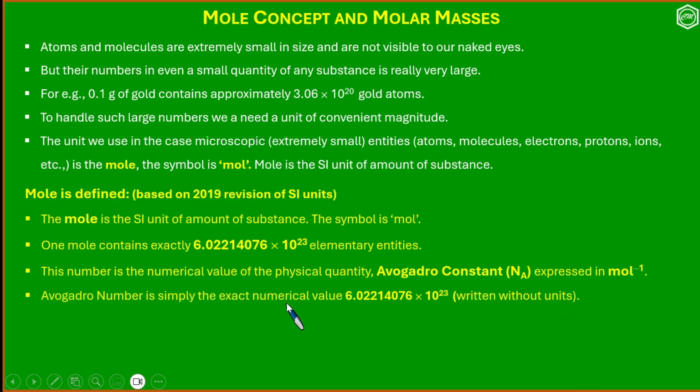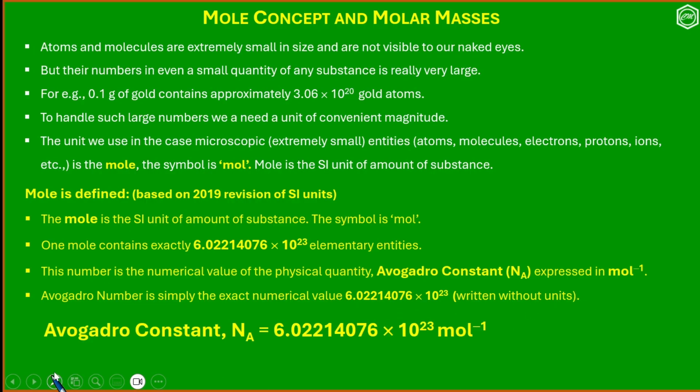Avogadro number is simply the exact numerical value 6.02214,076 into 10 raised to 23 written without units. Avogadro constant Na equals 6.02214,076 into 10 raised to 23 per mole.